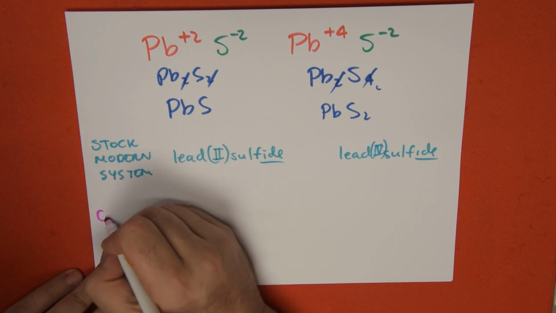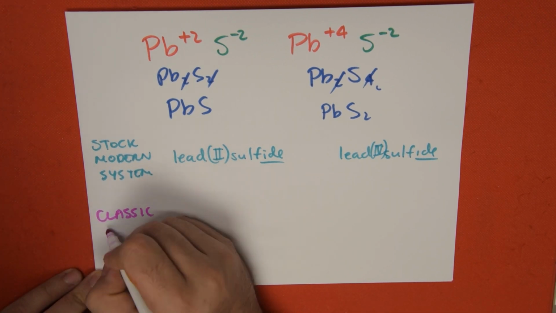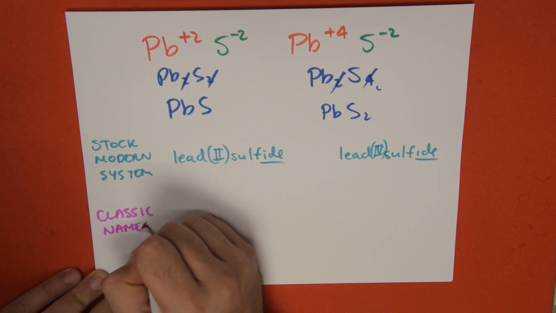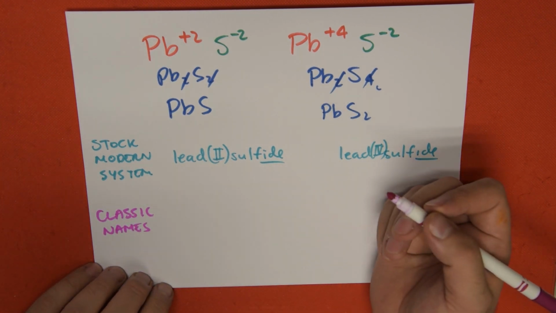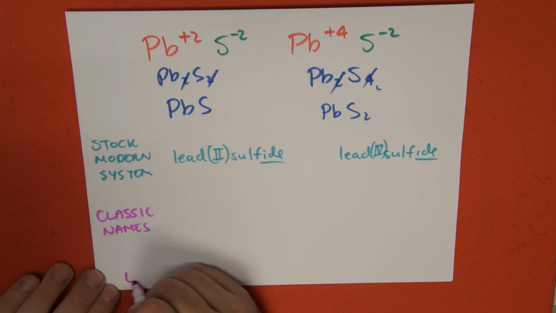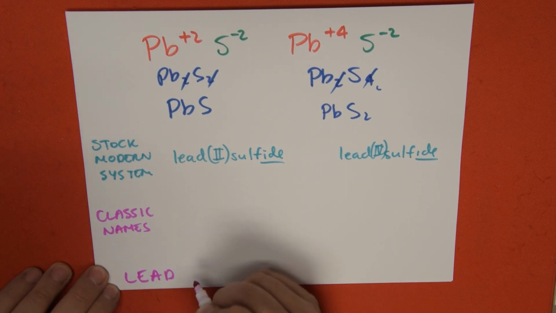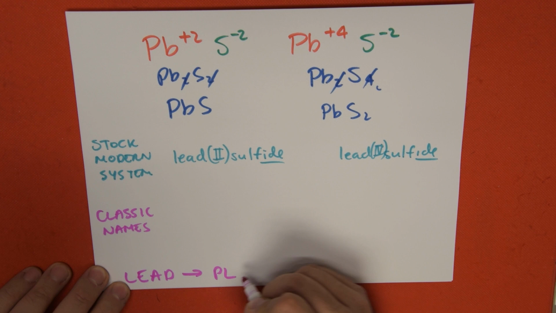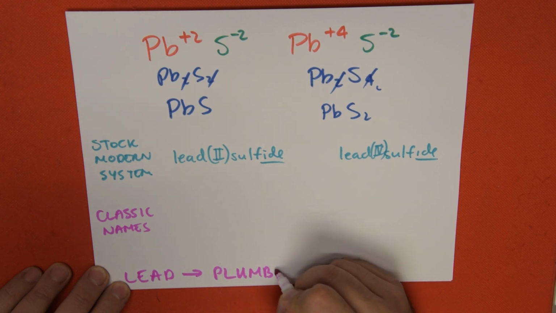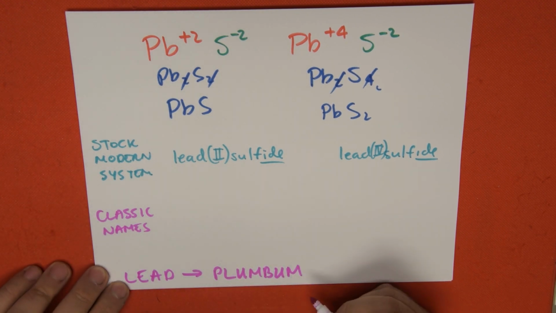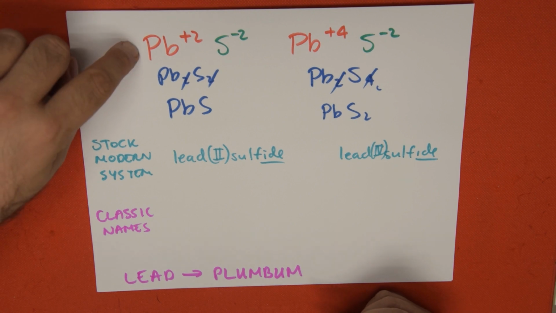When you use classic names, rely on the original name of the metal, in this case lead. That's how we call it in English, lead. Its Latin name is plumbum, or plumbum, depends on your pronunciation. That's why the symbol is Pb.